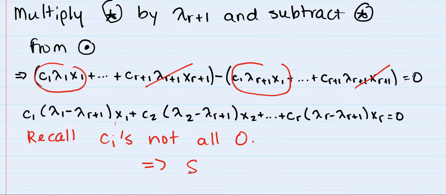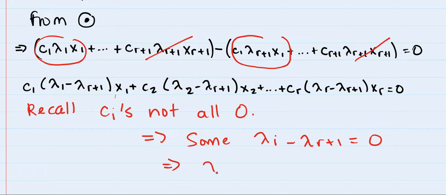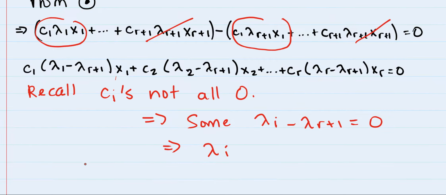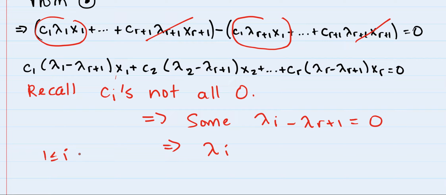And that tells us that some lambda i minus lambda r plus 1 is equal to 0, which tells us that there's some lambda i, where i is between 1 and r, equal to lambda r plus 1.